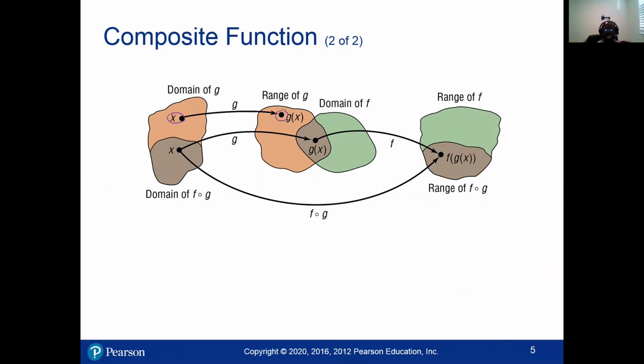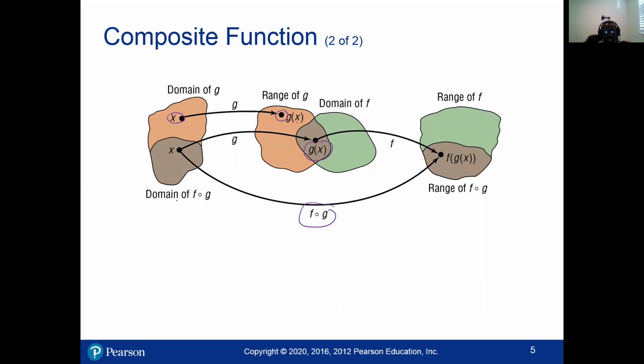Then the function f takes the output of g as its input and produces a final output. So the input of f is g of x, and this whole process is what we call f of g.